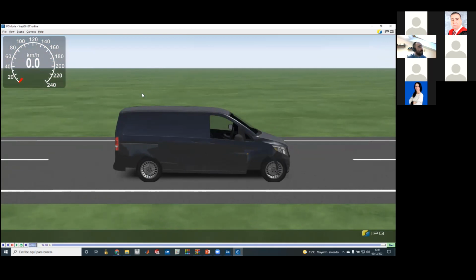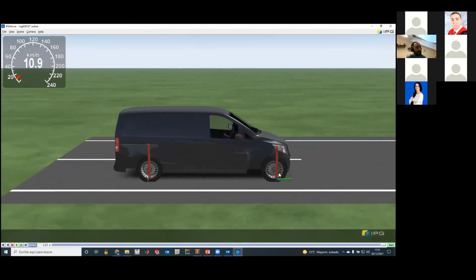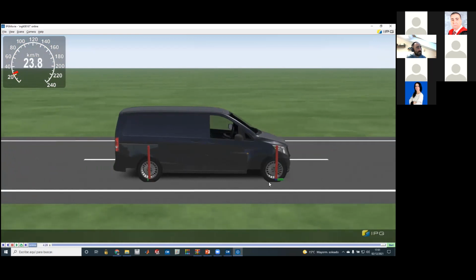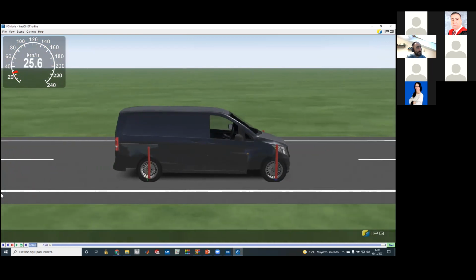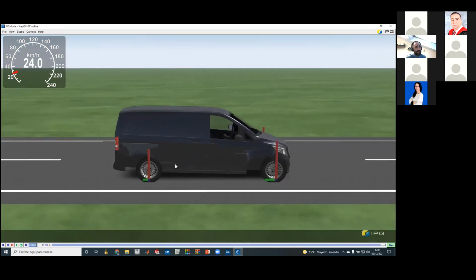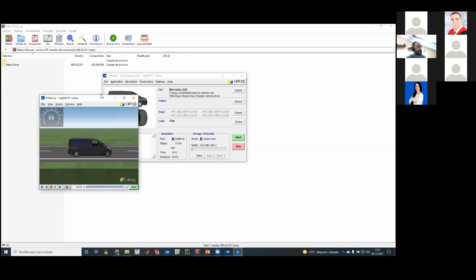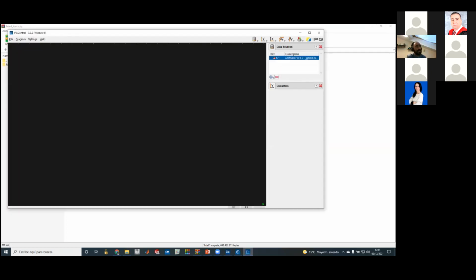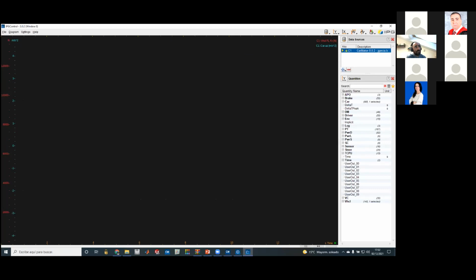You can see the vertical forces, the traction forces, and the lateral forces. While we are going through the bump, we can see not only what is happening on the wheels of the vehicle, but we could also obtain any information we want from the vehicle.